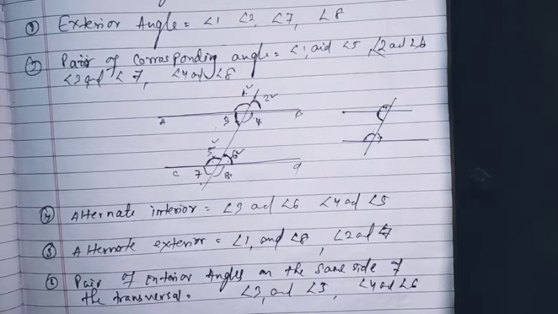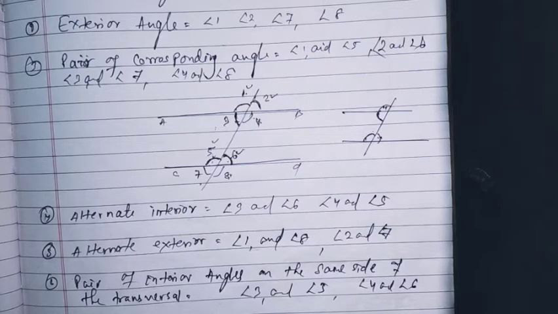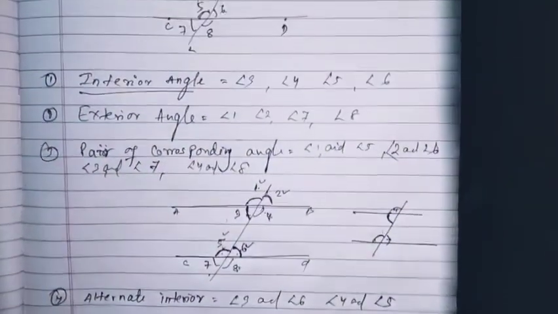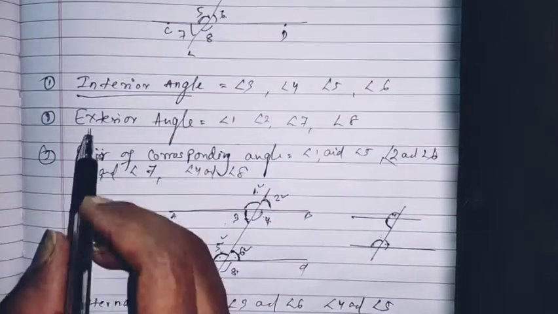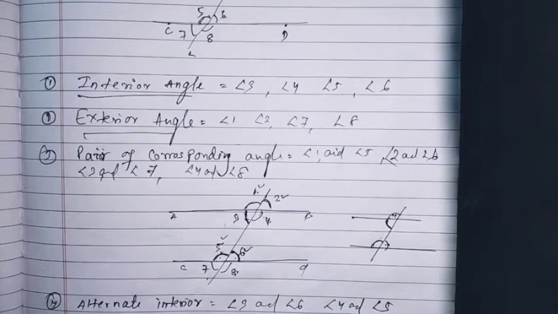So these are all angles formed by the transversal when two parallel lines are intersected by one line, which is known as the transversal line. Many angles are formed by that transversal line. Interior angles are inside the lines, exterior angles are outside the parallel lines.